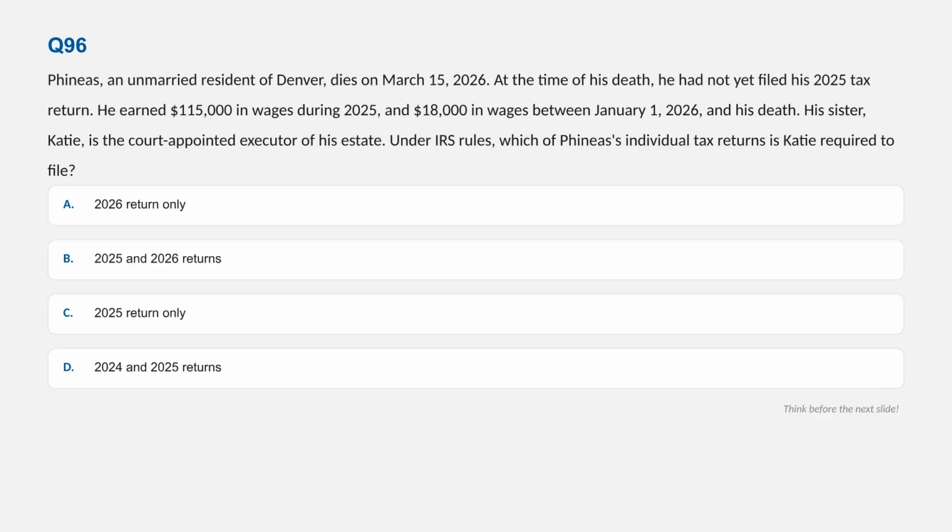His sister Katie is the court appointed executor of his estate. Under IRS rules, which of Phineas's individual tax returns is Katie required to file? A. 2026 return only. B. 2025 and 2026 returns. C. 2025 return only. D. 2024 and 2025 returns.